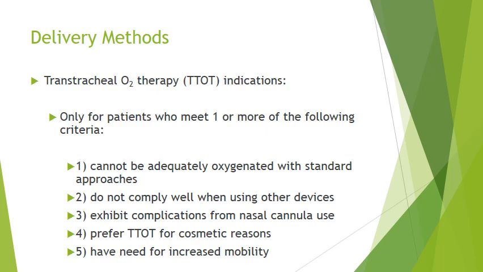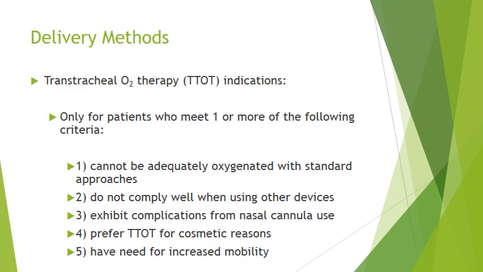They do not comply well when using other devices. They exhibit complications with the nasal cannula. If they have a lot of nasal irritation, maybe their septum is deviated, or they have major problems with it, they might be a better candidate for the transtracheal O2. They prefer the transtracheal O2 because cosmetically they don't want to go around with a nasal cannula in their nose, so everybody can see that they're impaired of some sort.